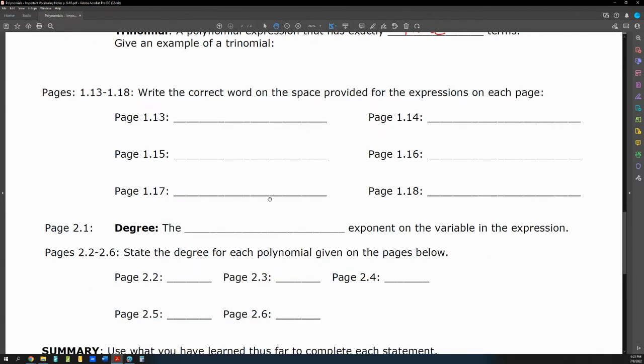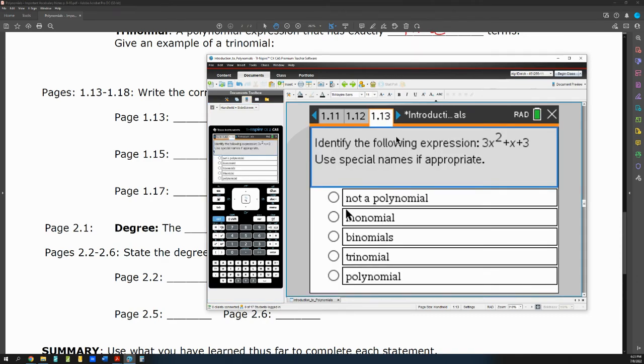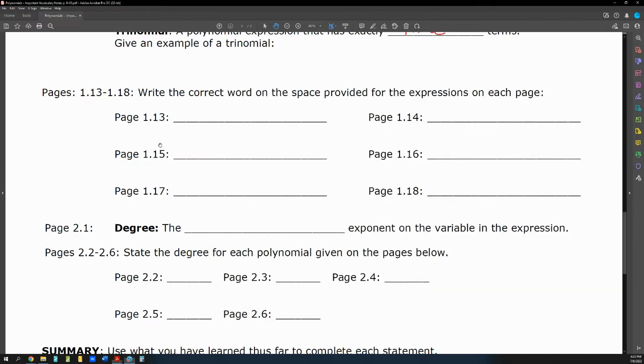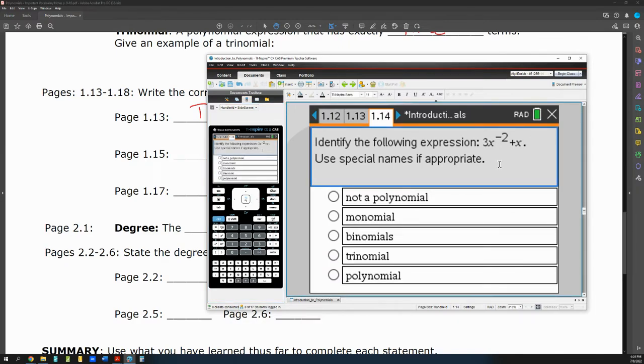Let's take a look on the following pages and classify these polynomials by the number of terms. 3x squared plus x plus 3, how many terms does it have if it's a polynomial? This is a polynomial, and it has three terms. We call this a trinomial. Okay. On the following page, 3x to the negative 2 plus x.